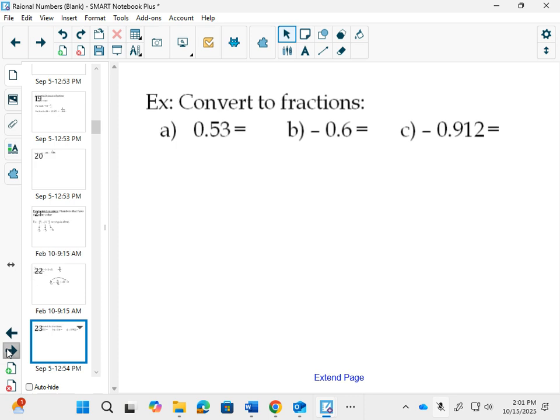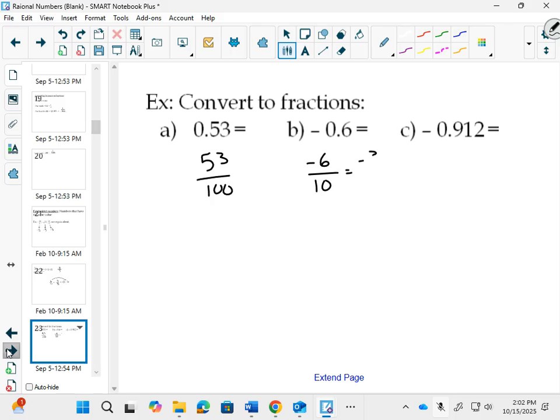Okay, check how you did. Did you get 53 over 100? Did you get negative 6 over 10, which you could reduce to negative 3 over 5? And the last one, negative 912 over 1,000.